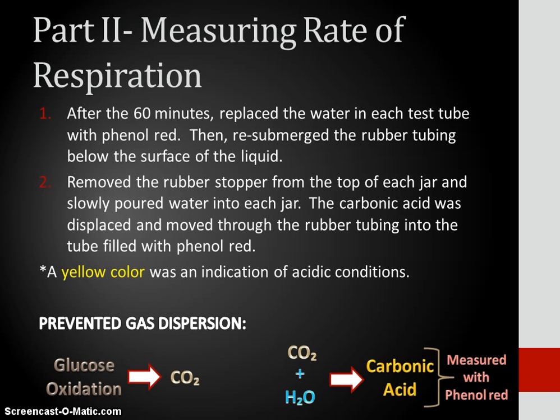And after that, when we pour water into each jar in step 2, the addition of water to the CO2 that was trapped would produce carbonic acid, which we would then measure with the phenol red, and the carbonic acid would also be trapped within the tubes because they are sealed and so it cannot escape. So that's what we're doing. We're preventing the gas dispersion so we can ultimately measure the rate of respiration.